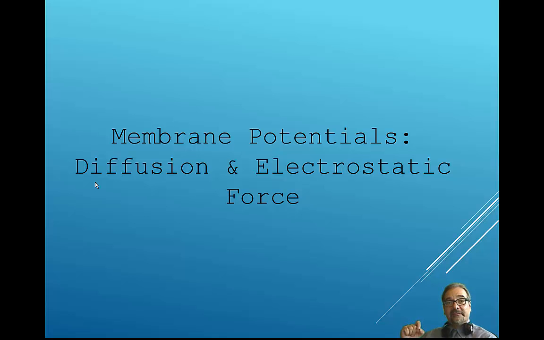This is a relatively intense description of what goes on inside the neuron to create what we call the membrane potential. So bear with me, and you might not want to go at 2 times the speed in the beginning, because this is going to be a little bit heavy.